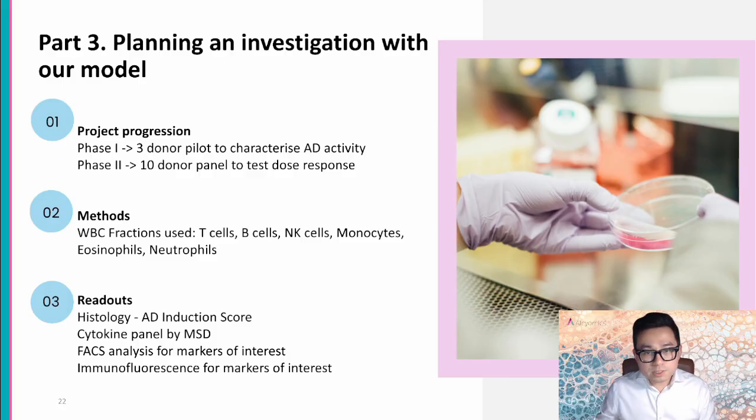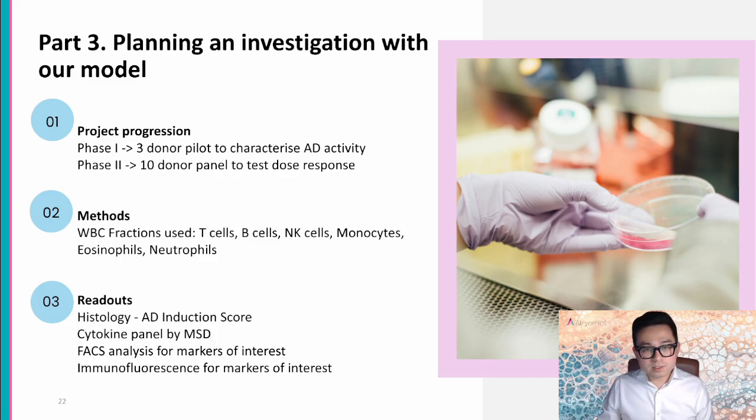The typical project progression with our model tends to be phase 1, where a pilot of 3 donors are recruited to characterize the AD activity, followed by phase 2, where a 10-donor panel is recruited to test dose response across various test articles.